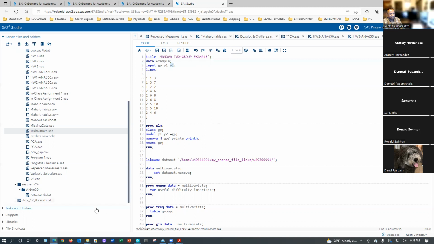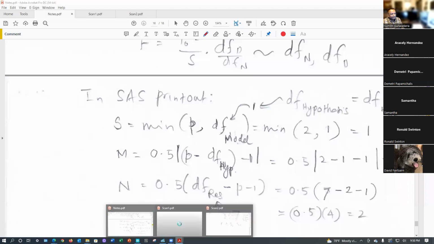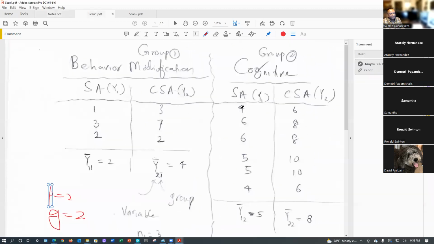In a multivariate case, two or more variables can be included in each group, and you have to have the same number in the other group as well, because you do the comparison. That's my data. These two variables, Y1 and Y2, can you remember them?